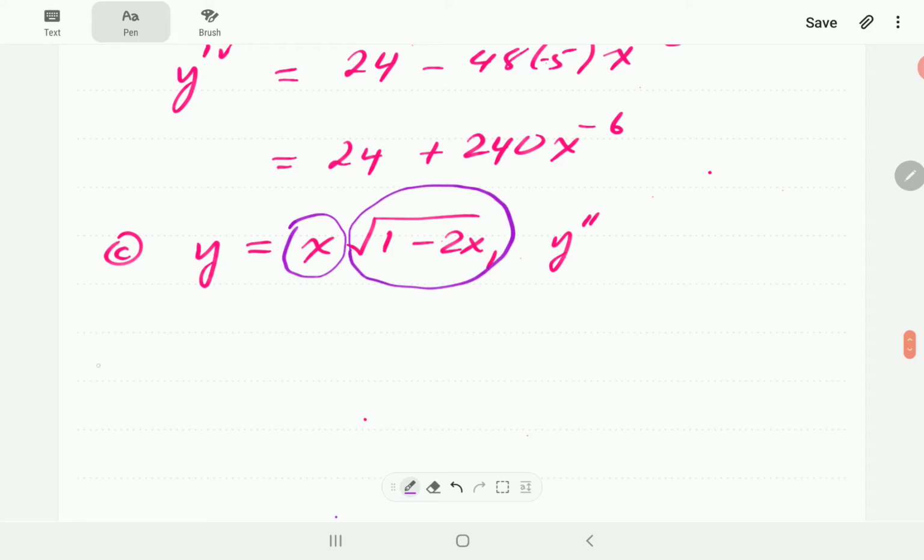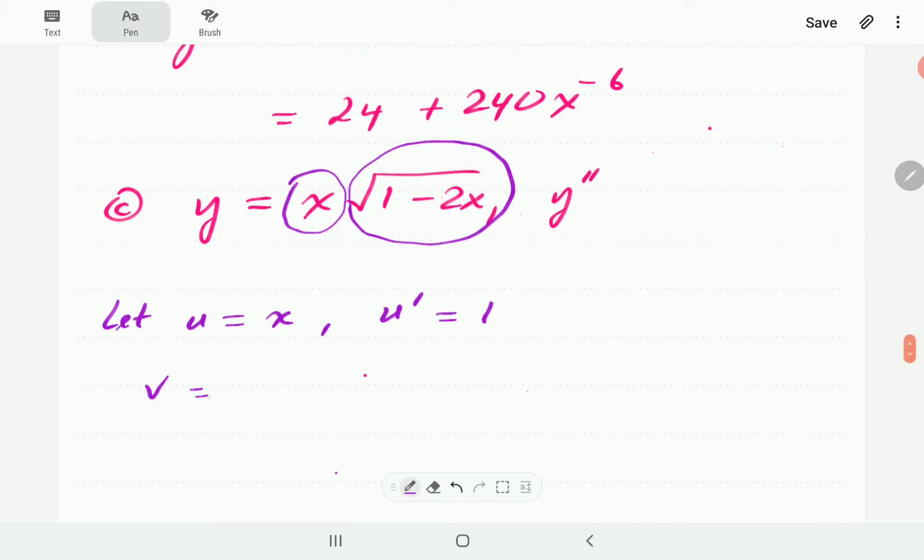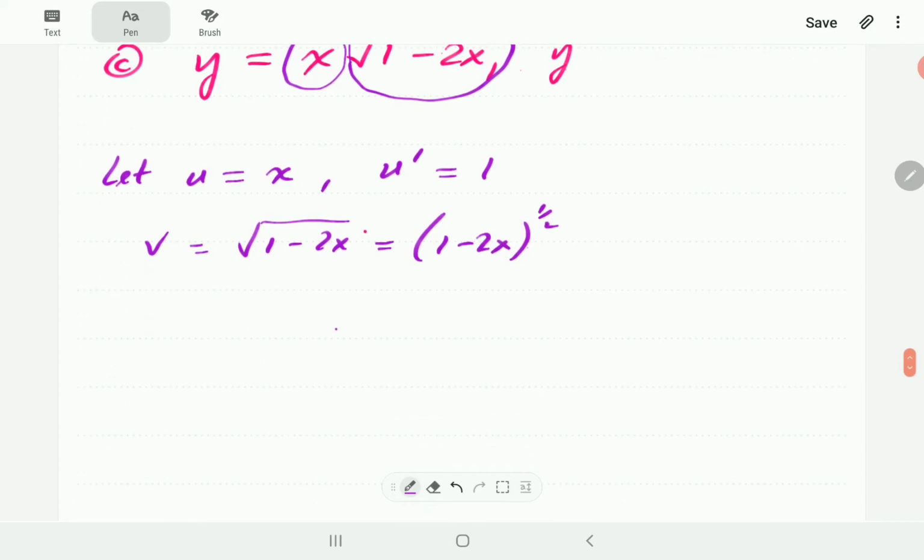So we're going to let u be equal to x. Then the derivative of u is going to be 1. We're going to let v be the square root of 1 minus 2x. We're going to have to use the chain rule to find the derivative of v.